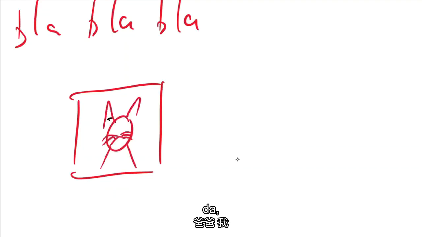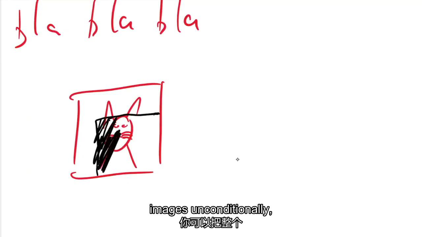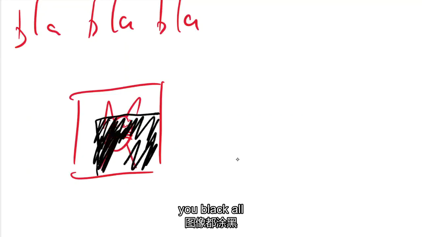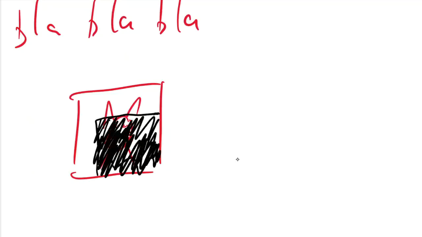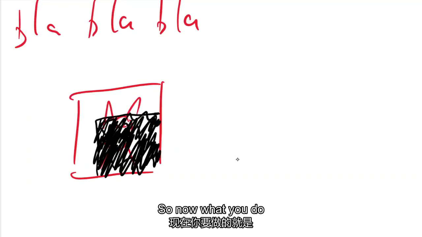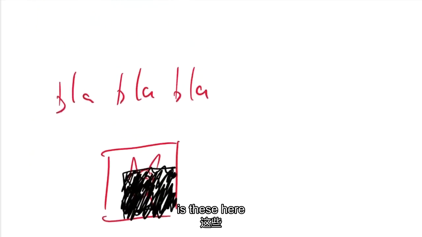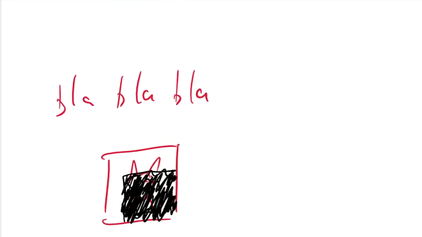And you black out the bottom right. You can black out the whole image if you want the model to produce images unconditionally. All right, so you black all of this out. Cool. So now what you do is, these here are already words.